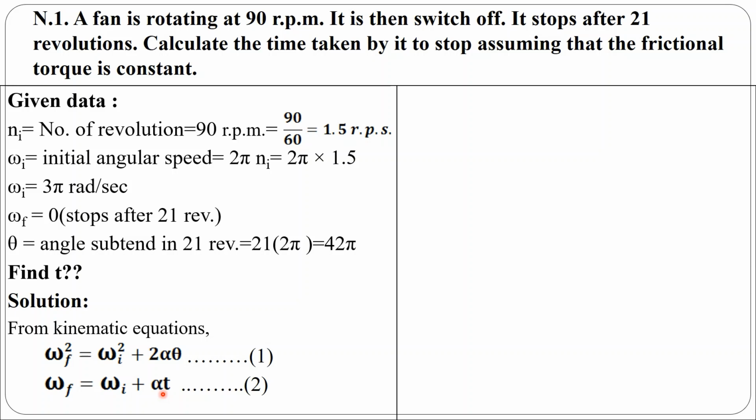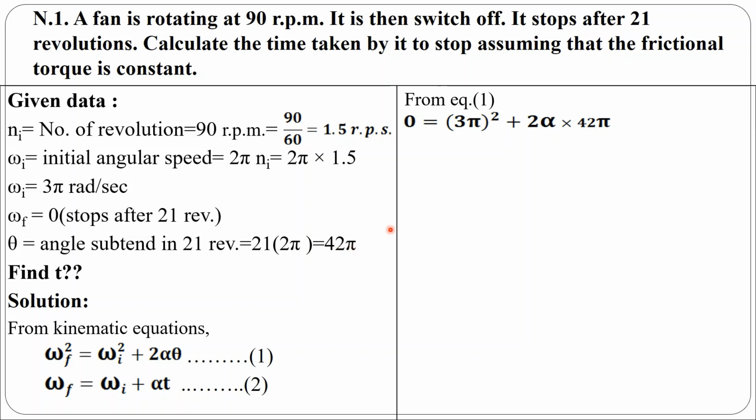We get the time from equation number 2, and from equation number 1 we calculate the value of alpha. So in equation number 1 we put the values from the given data: final angular velocity is 0, initial angular velocity is 3 pi, alpha we have to calculate, and theta is 42 pi.